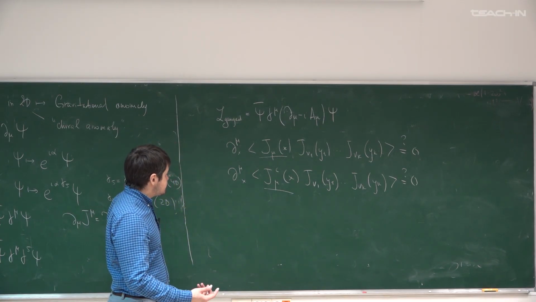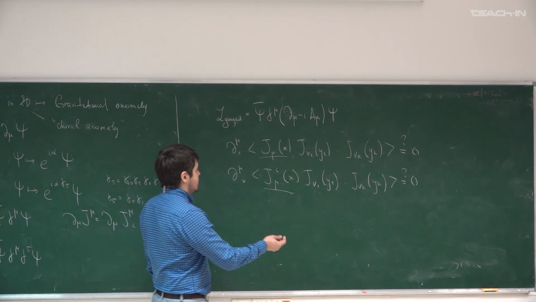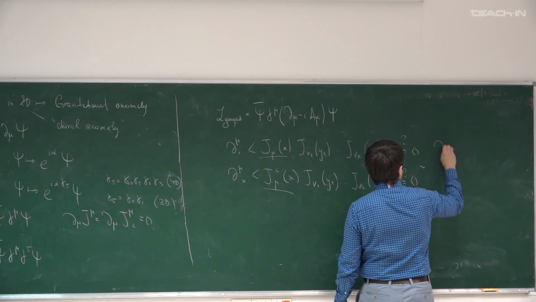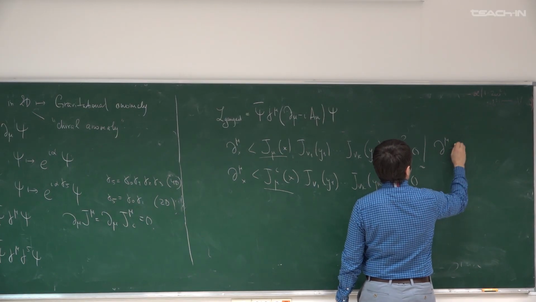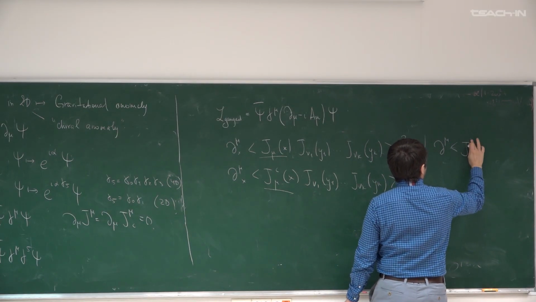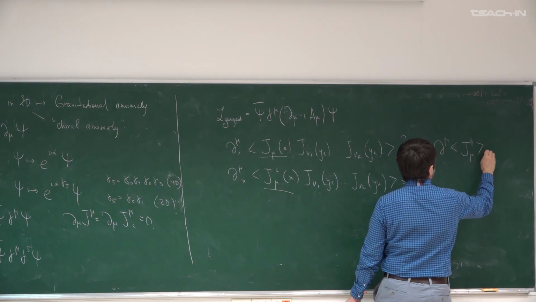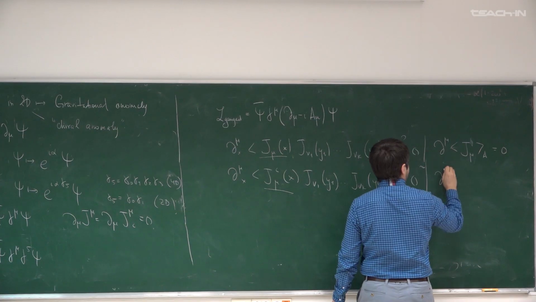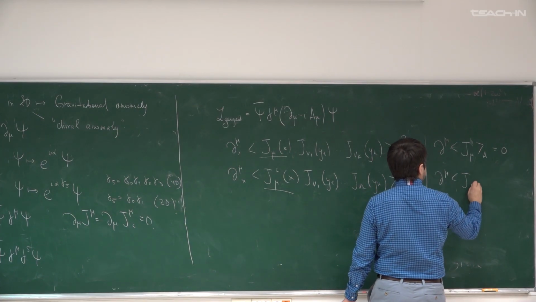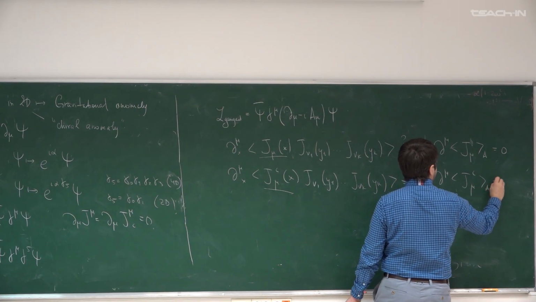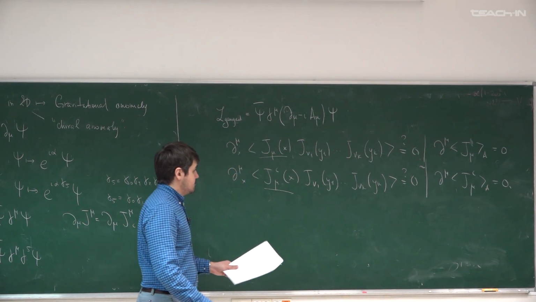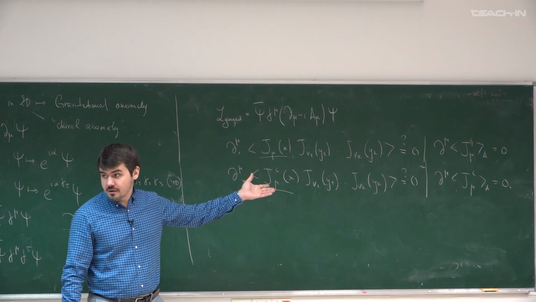In other words, this is the same as asking whether this is zero in the presence of the gauge field. This correlation function is given by some path integral.